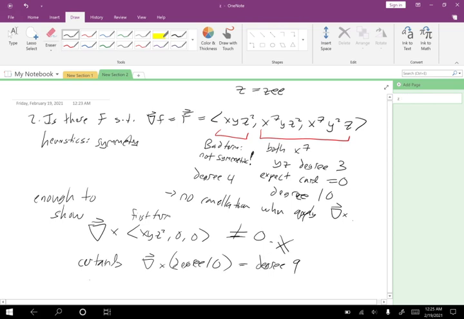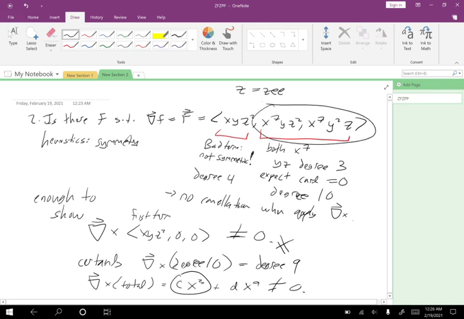So the total curl will be something of degree 3 plus something of degree 9, and that will be non-zero, because the first term's curl is non-zero. It does not matter what these other terms are. By the symmetry argument, we think they're 0, but it really doesn't matter. We just need to check the first term.